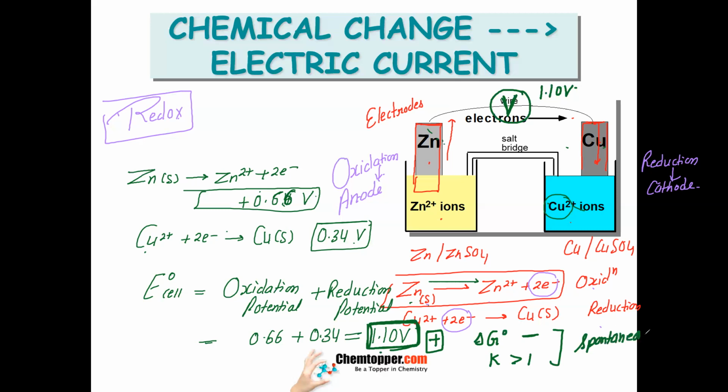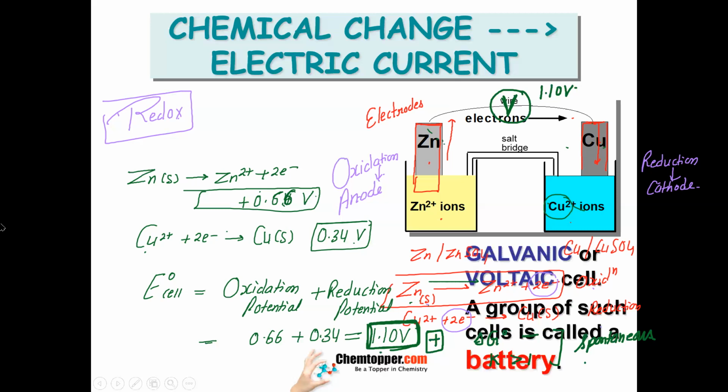Spontaneous. What does it mean? It means that electricity is generated. You're getting electricity. What kind of cell is this? Galvanic cell, or voltaic cell.